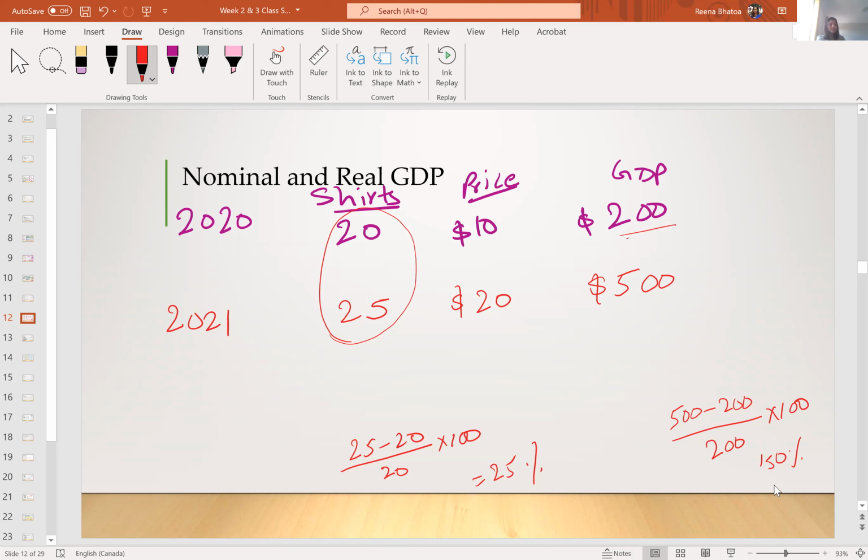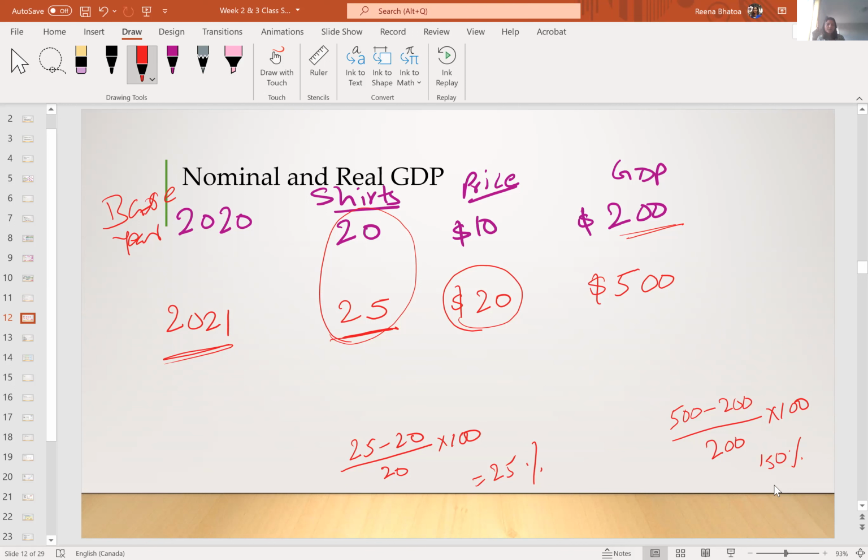What does it mean? In 2020, you have no other year to compare, so 200 is the GDP, the basic GDP. We consider it as the base year in our example. Now in 2021, not only did production increase, but look at the price increase. It has doubled, right?